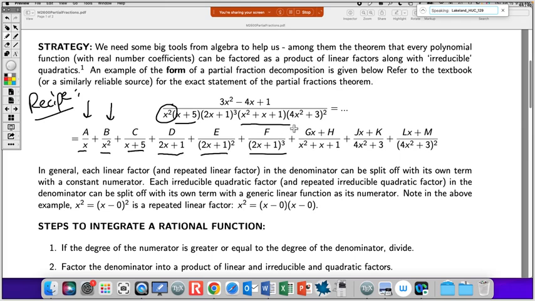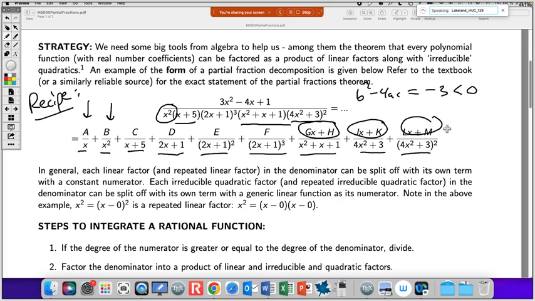For x squared plus x plus 1, we can check the discriminant, b squared minus 4ac. a, b, and c are all 1. That's an irreducible quadratic, so that's going to be present, and up top we have a generic linear factor. 4x squared plus 3, likewise an irreducible quadratic, is repeated twice, so we have generic linear functions on top of those. Okay? So it's a recipe. It's a big theorem. It goes back to the structure theorems of polynomials.